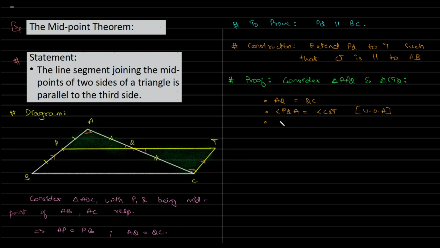Well, if you think about it, it's because angle PAQ is equal to angle QCT. Reason: AB is parallel to CT and these are alternate interior angles, is it not? If you are not able to figure that out, have a look at this diagram. You have one parallel line, another parallel line, and that's your transversal line. So these two angles are equal.